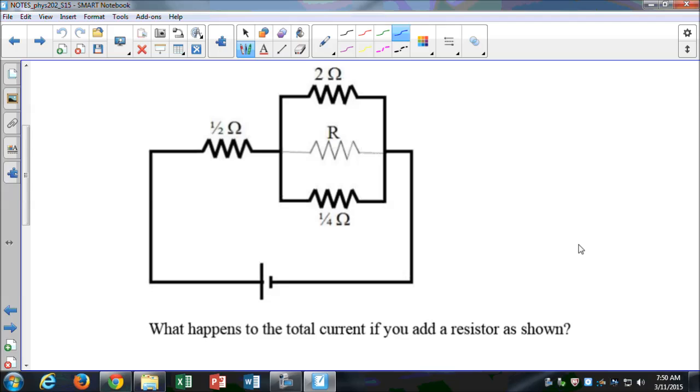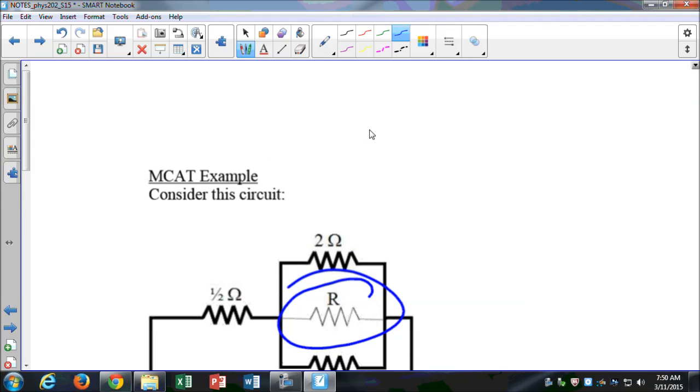All right. So here, what happens to the total current in this circuit if I add this resistor R? Let me recap our rules, by the way, because it's been a few days. Let me recap our rules for resistors in series and parallel. For series, we have these rules.